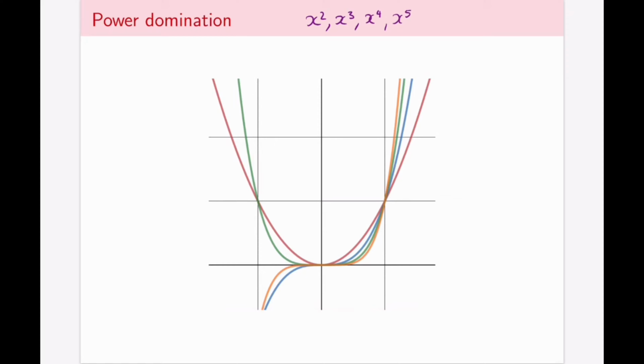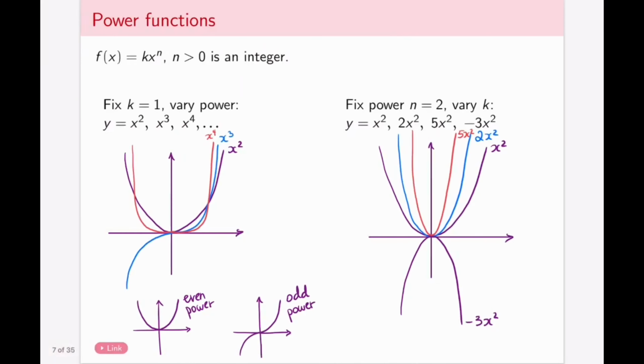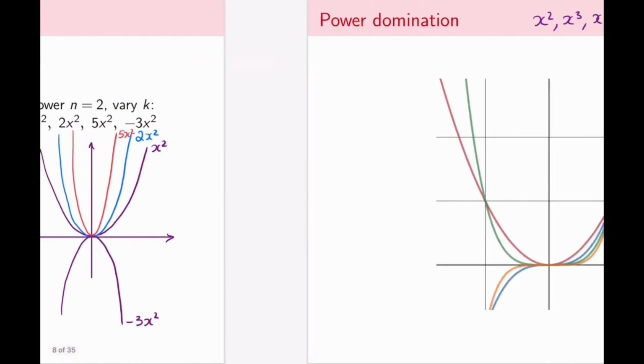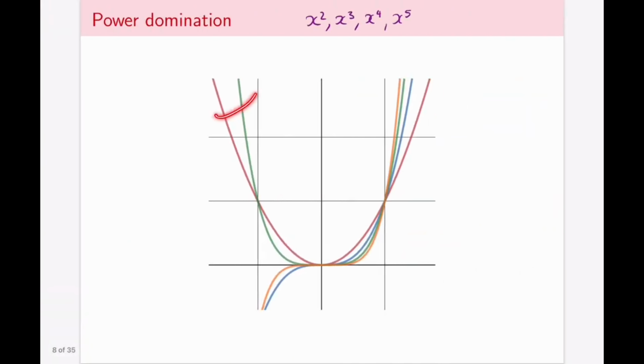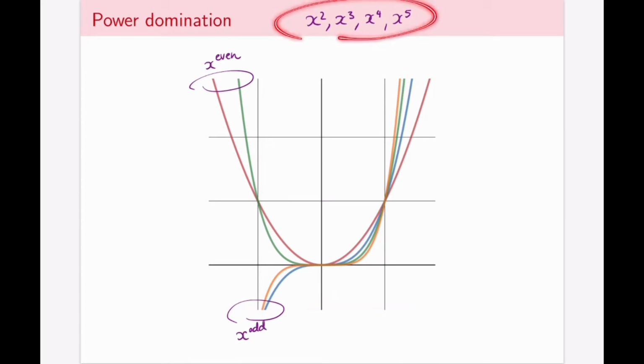Just based on the logic from the previous slide that talked about the general shape of even and odd powers, we can already notice that what we have on this side here will represent x to the even powers, these two guys, whereas if they're going to follow the snaky shape, these are going to be x to the odd powers. That narrows it down somewhat, but if we have to label each function as exactly one of these, we're going to have to think a little bit further.